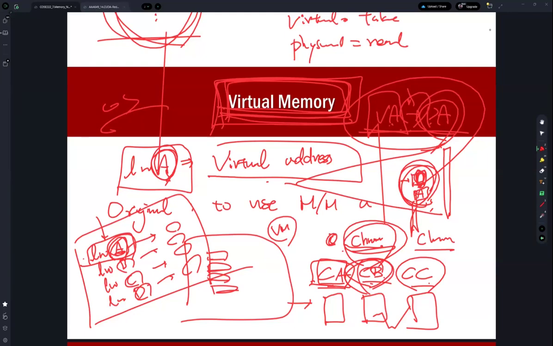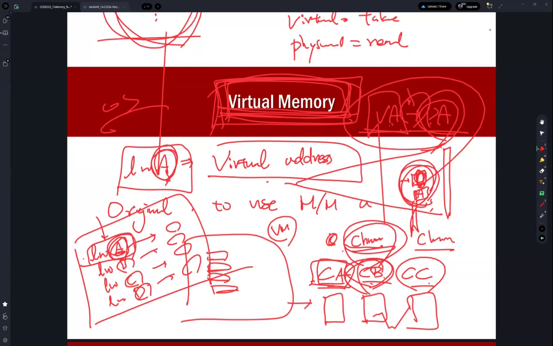Okay. And then I explained the original purpose of virtual memory. The original purpose is to use the fast main memory like a cache, right? But in modern computer systems, we use the virtual memory concept to manage many concurrent processes.